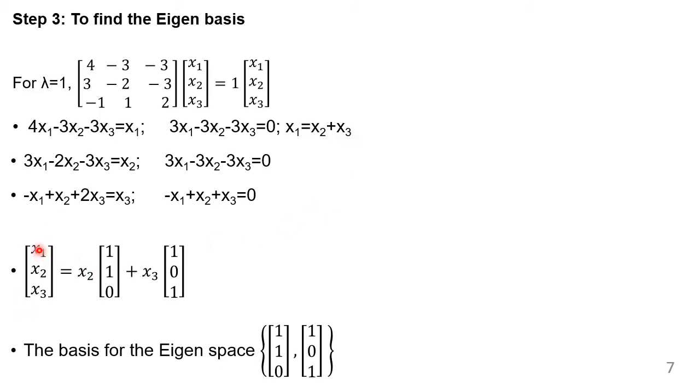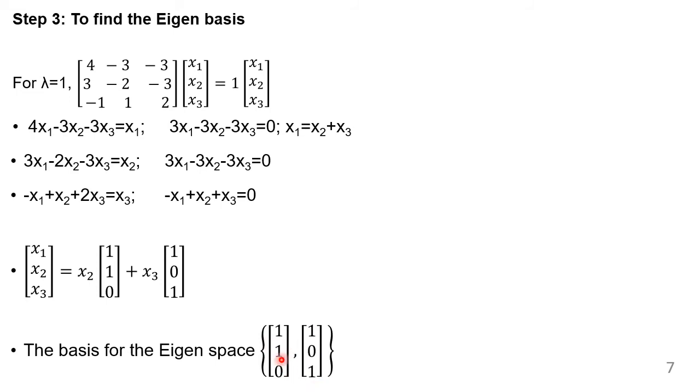Therefore, I have the three variables x1, x2, x3 equal to x2 multiplied by 1, 1, 0, because x1 has x2 here, so that's why this 1, and x2 itself is 1 here, plus x3 multiplied by 1, 0, 1, where x2 is 0 and x3 is equal to 1. So we have here the two eigenbasis vectors for the eigenspace, or I can say two eigenvectors. They are defined as 1, 1, 0 and 1, 0, 1.